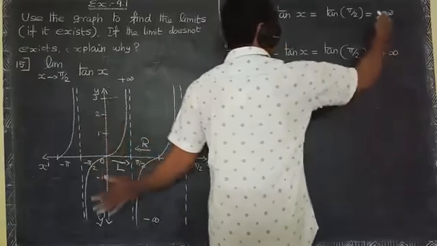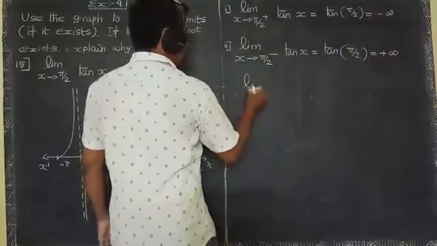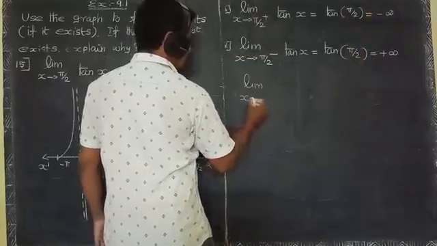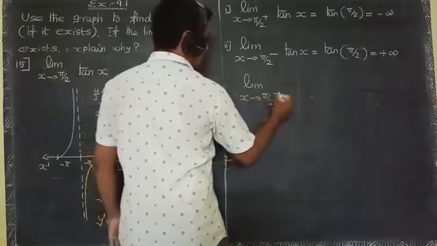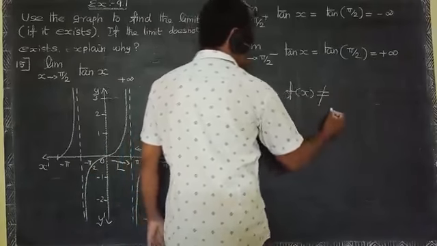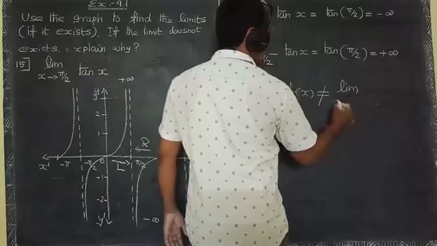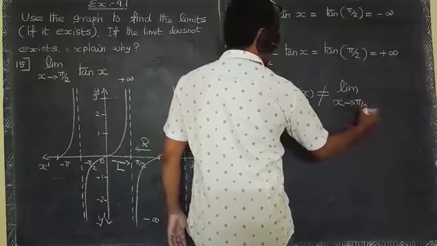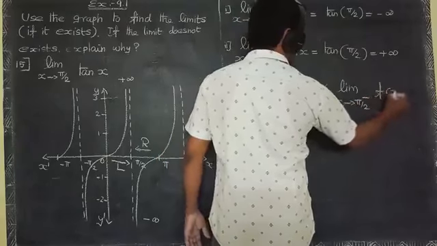Refer to the figure. Therefore the limit as x approaches pi by 2 plus of f of x is not equal to the limit as x approaches pi by 2 minus of f of x.